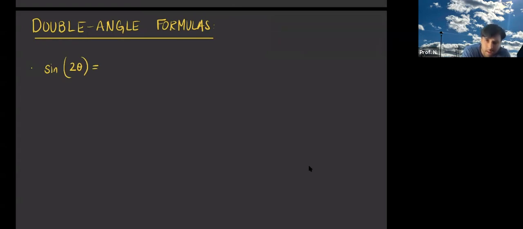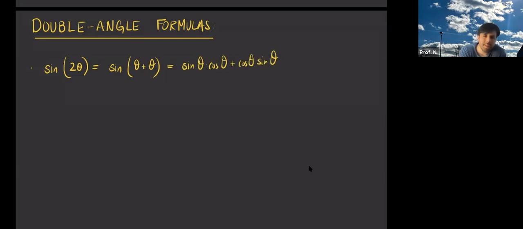Now, to get to that formula, I need to remember 2 theta. What is 2 theta? Isn't it theta plus theta? So theta plus theta, that's the sum formula for sine. And what's the sum formula for sine? It's sine theta cosine theta plus cosine theta sine theta, right?